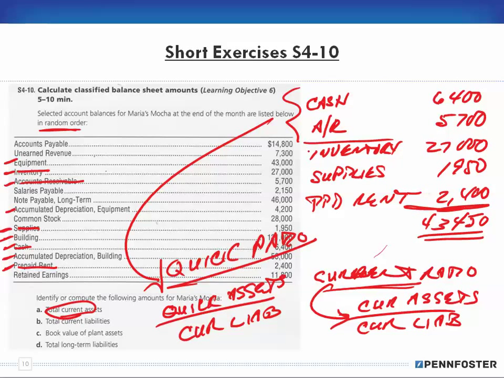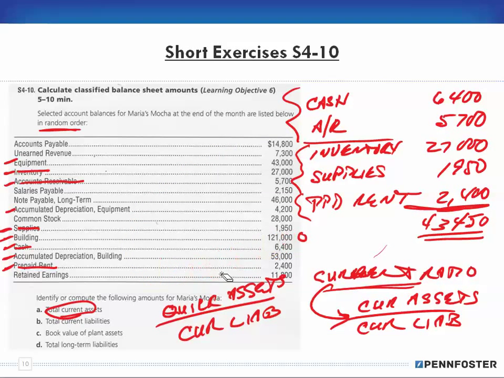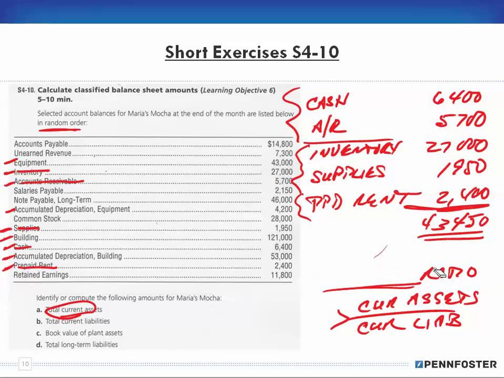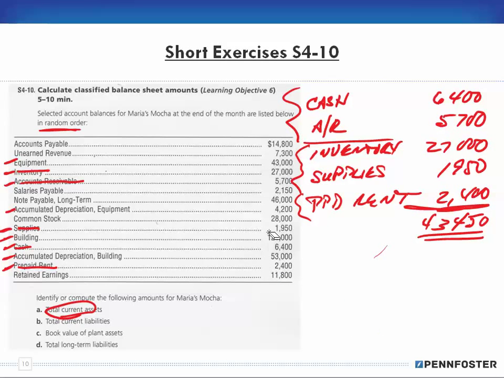It's going to take some time to sell off your inventory and your supplies and get your prepaid rent in order to pay off your current liabilities. But these are measures of liquidity ratios, to see if you can pay your bills on time. So that's the answer to number one, 43,450 for current assets.